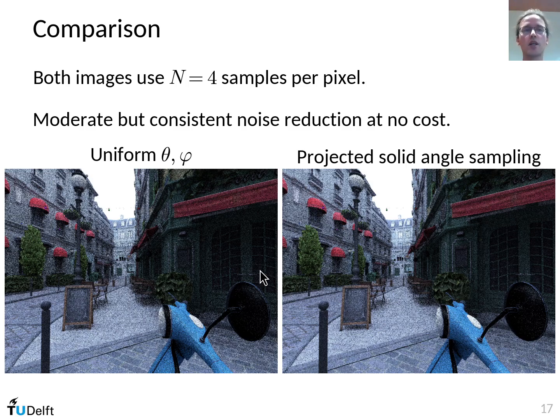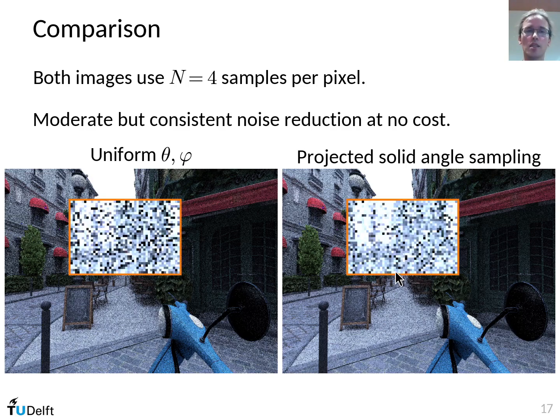That's available to us now, and we can look at its results. The image here to the left is rendered using uniform theta and phi, as we did last week. And here to the right, we have projected solid angle sampling. Now we can look at this up close, and you can see that if you compare the two, we do have more noise here to the left than to the right at the same sample count.